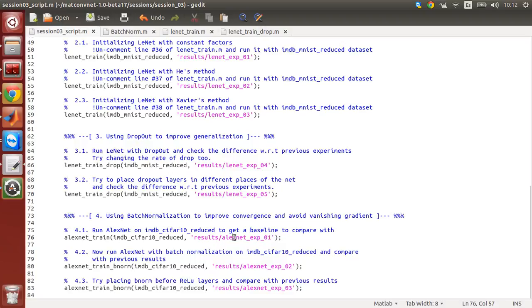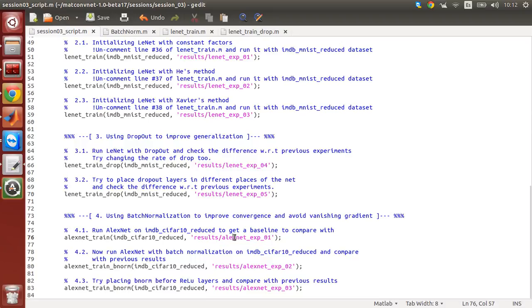The idea is to take your mini batch, compute a mean and a standard deviation of that mini batch, and normalize each of the images by subtracting the mean and dividing by the standard deviation.